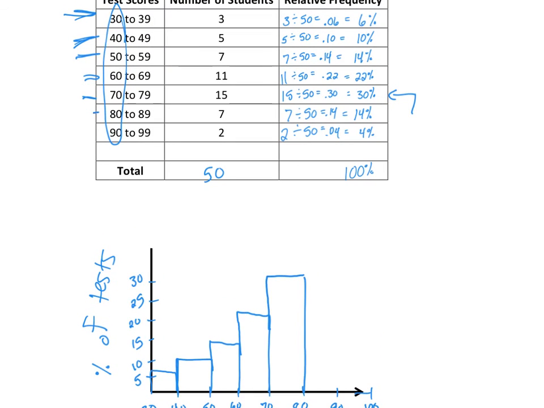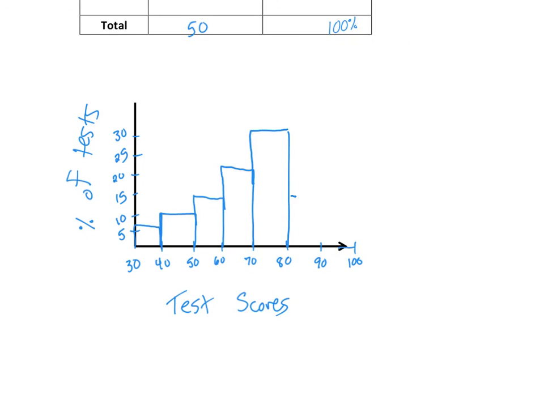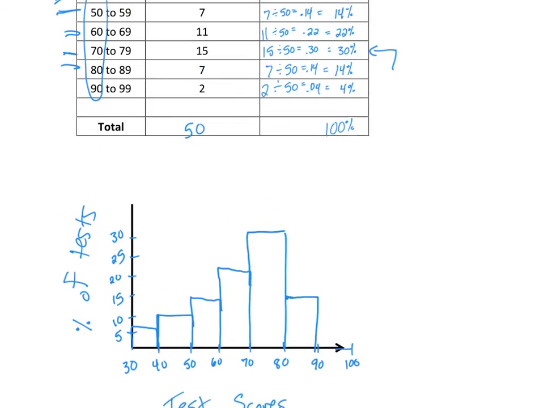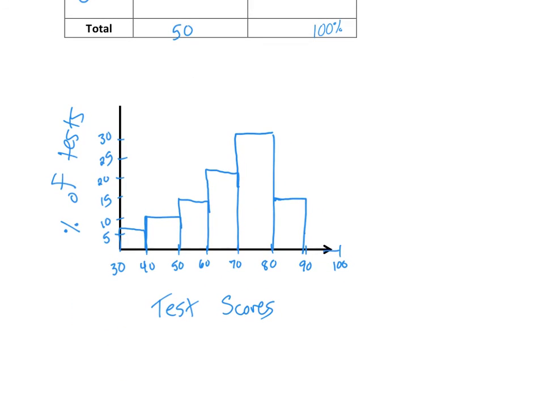And then 80 to 89 is 14. So back down to 14. And then 90 to 99 is 4. And then that is what our histogram would look like.